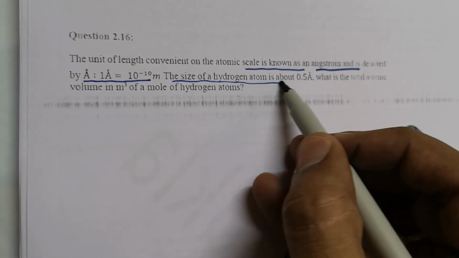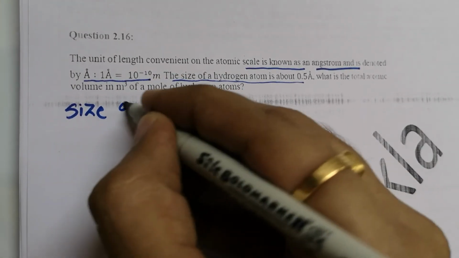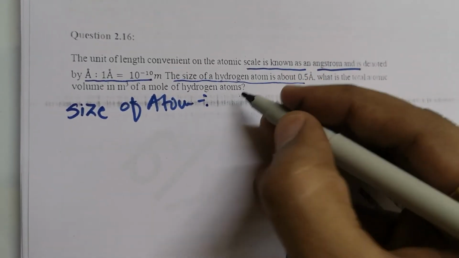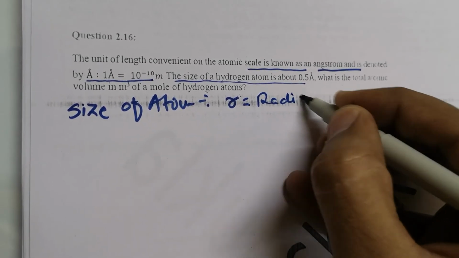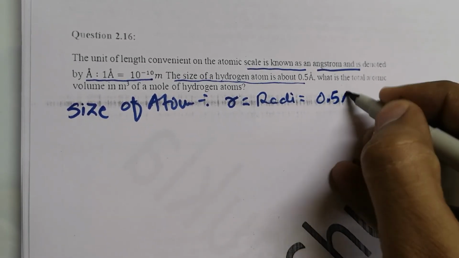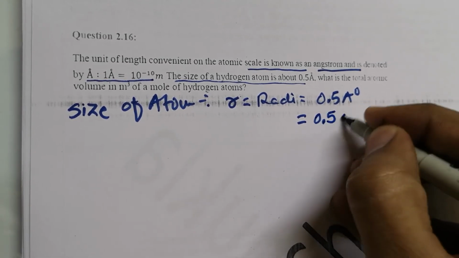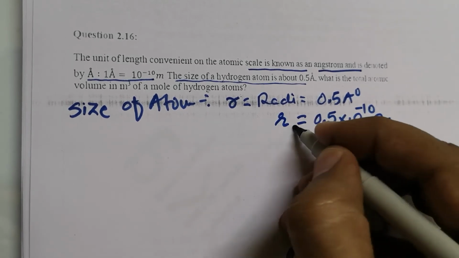The size of a hydrogen atom is 0.5 angstrom. Remember, whenever the size of an atom is given, it means the radius of the atom is given. So it is 0.5 angstrom, and 1 angstrom equals 10 to the power minus 10 meters. This is my radius available to me.